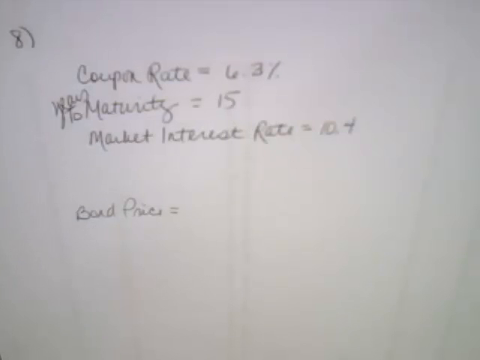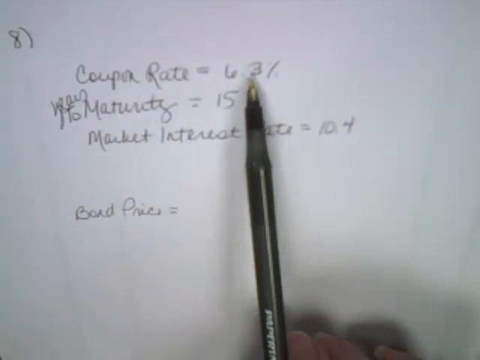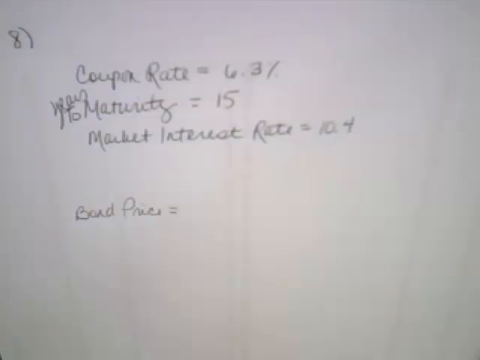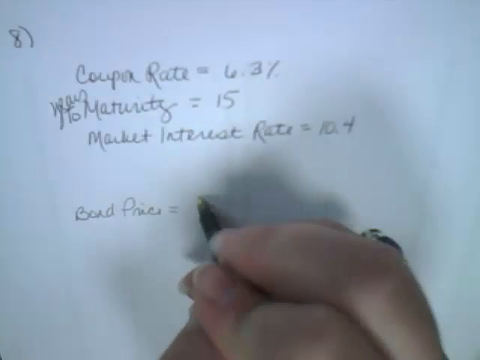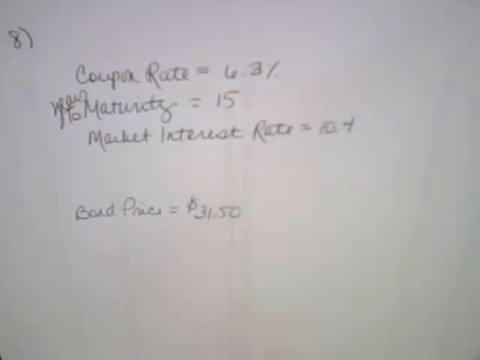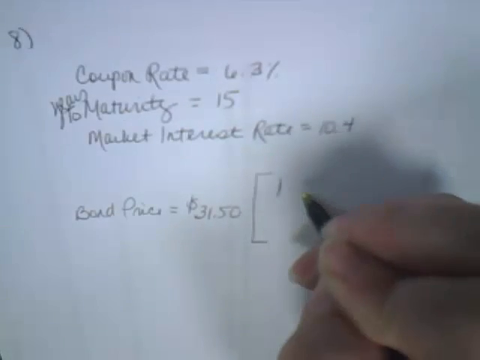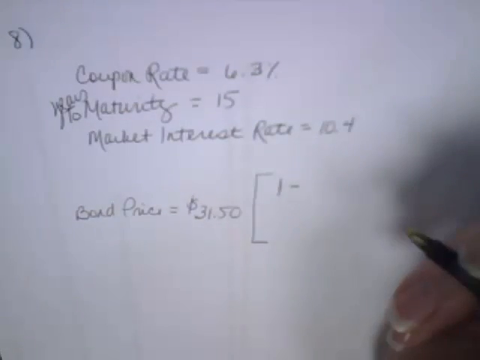So if we look at it as a $1,000 bond, what we're getting a year in terms of payments, we take the $1,000 face value, multiply it by 6.3%, and we end up getting an annual payment of $63. Well, we're going to get that payment in 2 installments, right? So we're going to divide it by 2, which is going to give us that payment of $31.50. And this is where we're going to adjust what this is basically worth in terms of interest.